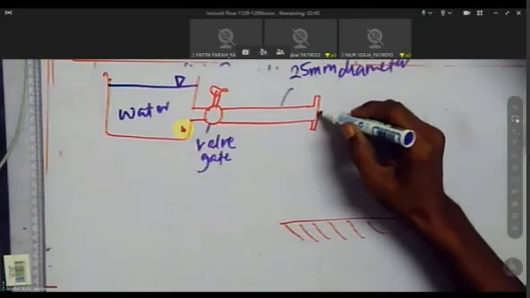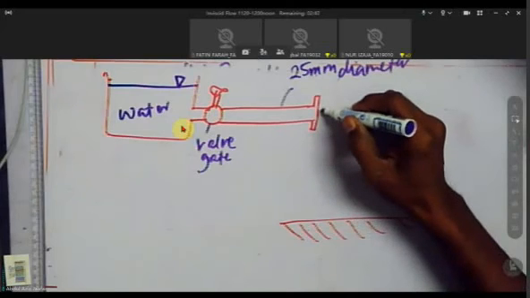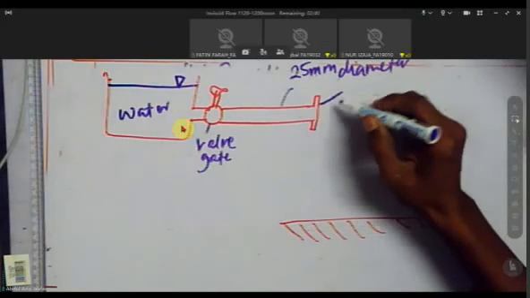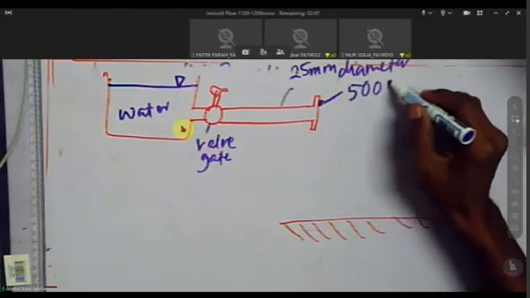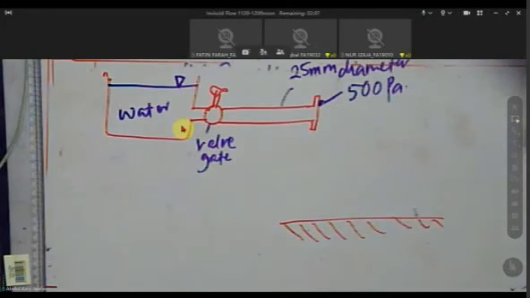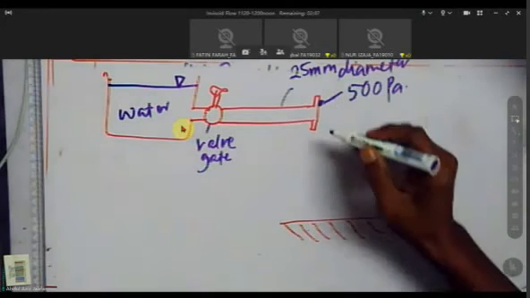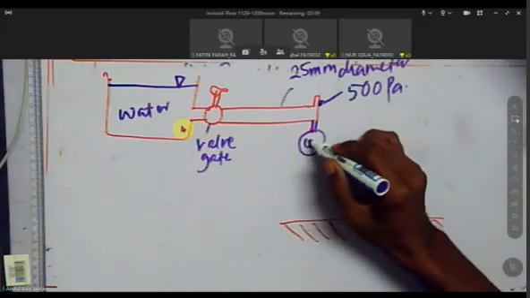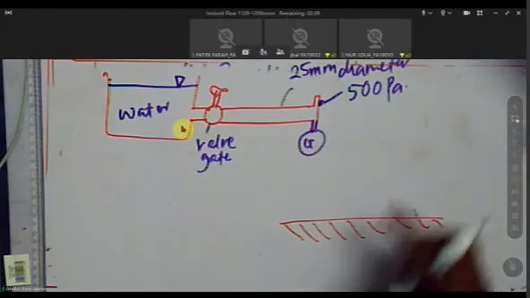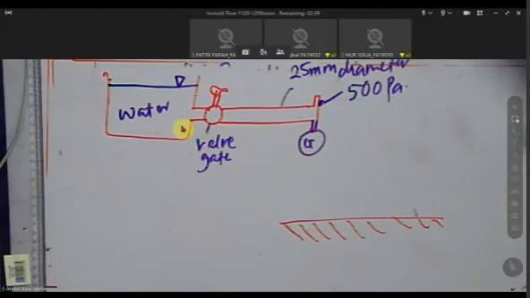Let's say we have a pressure manometer here, and we find that the pressure at this location is 500 Pascal. We are using a gauge pressure, so this gauge measures 500 Pascal.